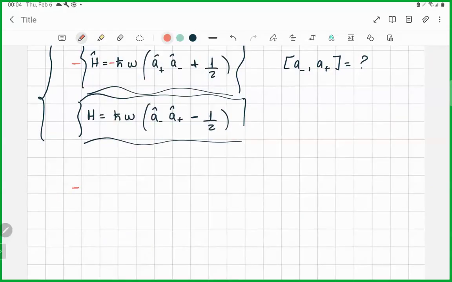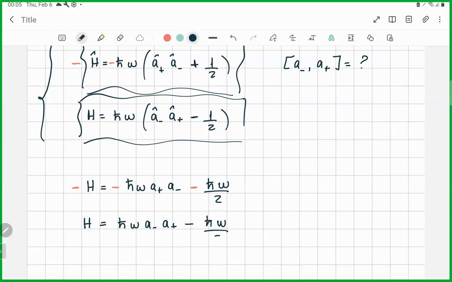we'll have minus Hamiltonian equal to minus, no, because I multiply this minus 1 to that whole equation, a plus, a minus, and minus h bar omega over 2. So this is the equation on the top. Equation on the bottom, I'm not doing anything, so it's just what we see there. Very good.